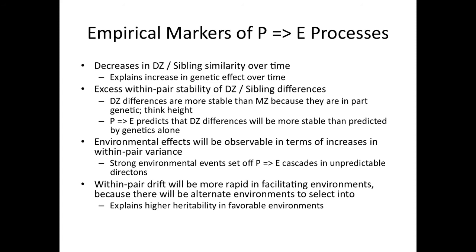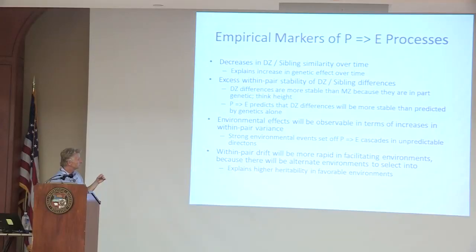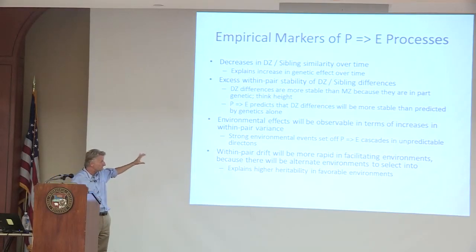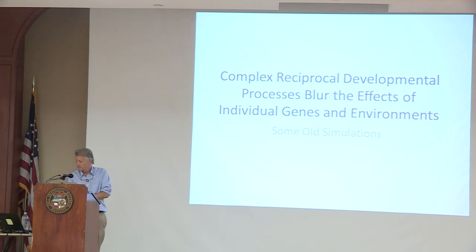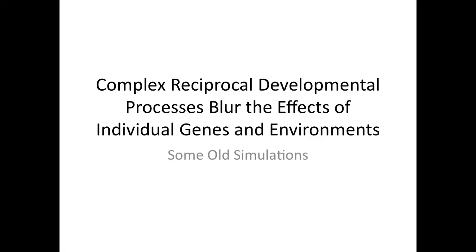That environmental effects set off developmental cascades that push DZ twins apart at faster rates than MZ twins. It also explains, by the way, well, I'll explain that in a minute. Complex reciprocal developmental processes blur the effects of individual genes and environments.